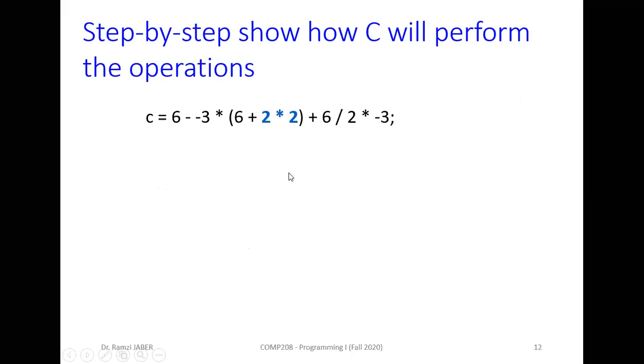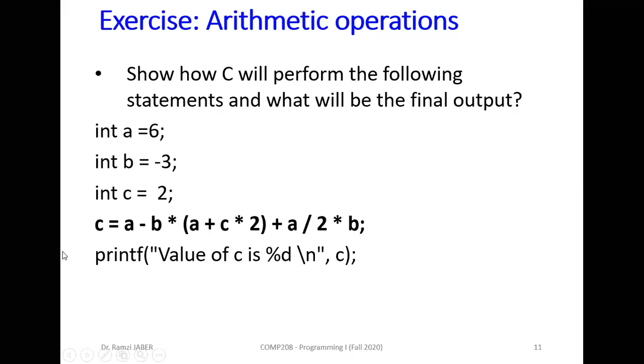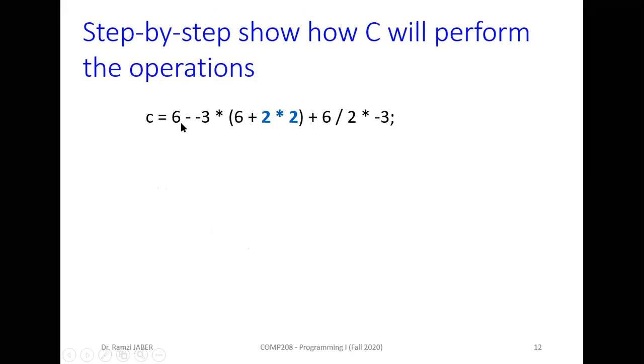The first step is we replace the values: A equals 6, B equals minus 3, C equals 2. The old value of C is 2, used to calculate the new value of C. So C, the old value is 2, times 2, plus A, 6, over 2 times B, minus 3.